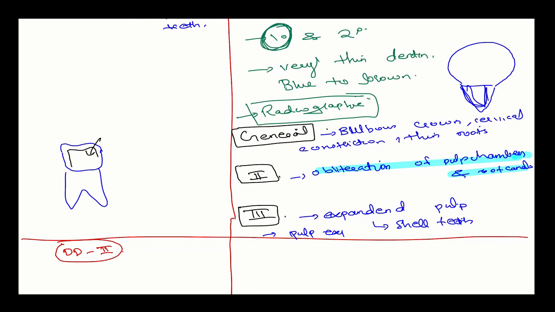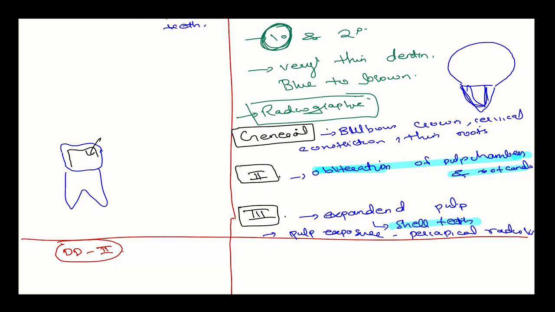So there will be multiple pulp exposures, and due to this there will be periapical radiolucency. So that's the difference which you have to differentiate. Here it is shell teeth, whereas type 2 is obliteration. General features are common for both.